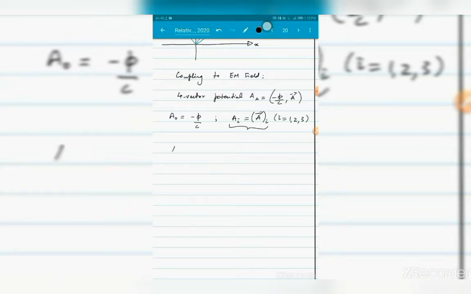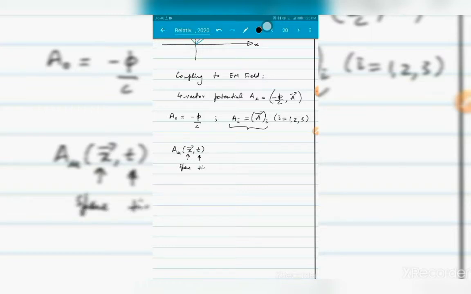A mu is a 4-vector, but it's also a field. What does that mean? It means that the components of A mu can change from point to point. They are functions of the space coordinates and of the time coordinates. There is no reason for either the scalar field or the vector field to be a constant. These are in general functions on space-time.